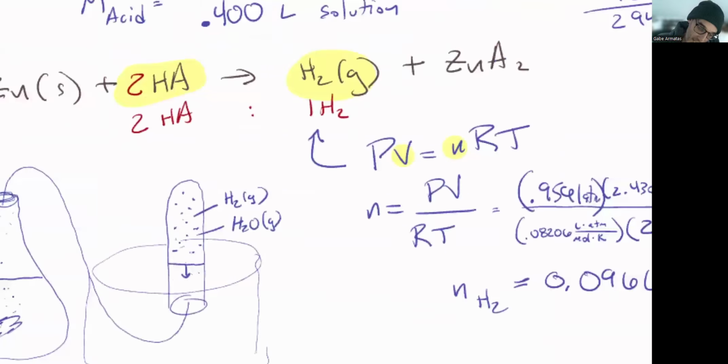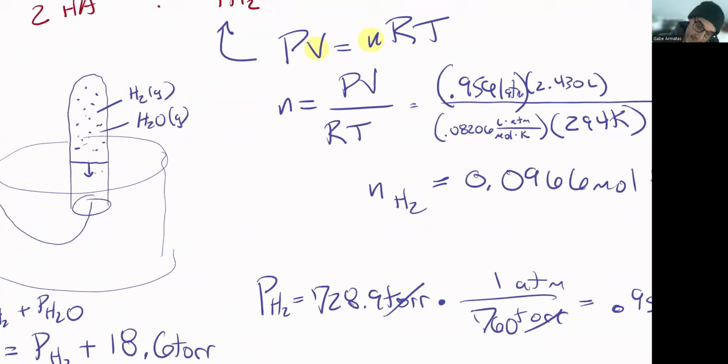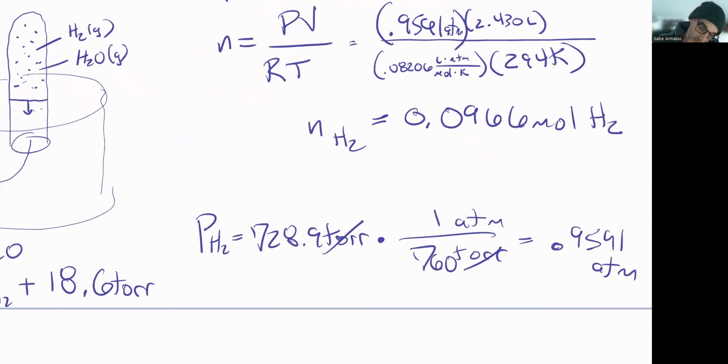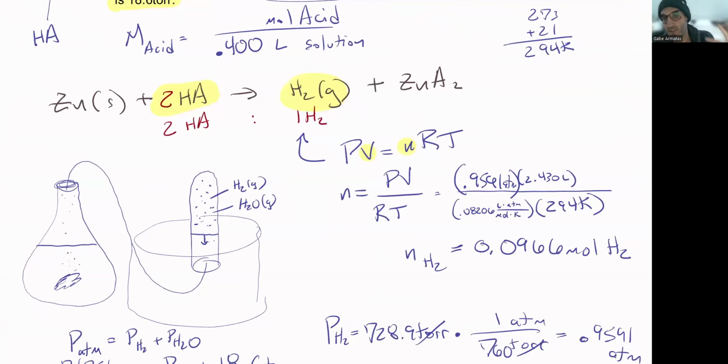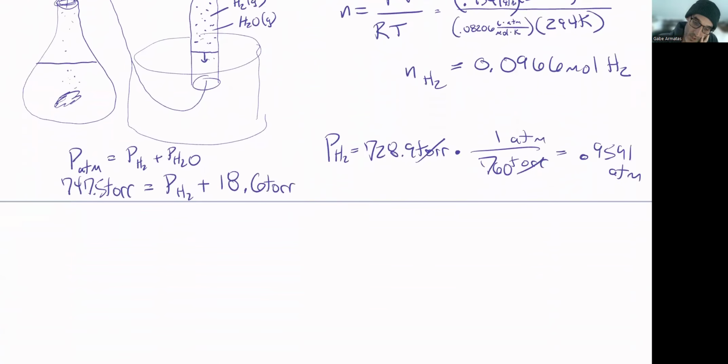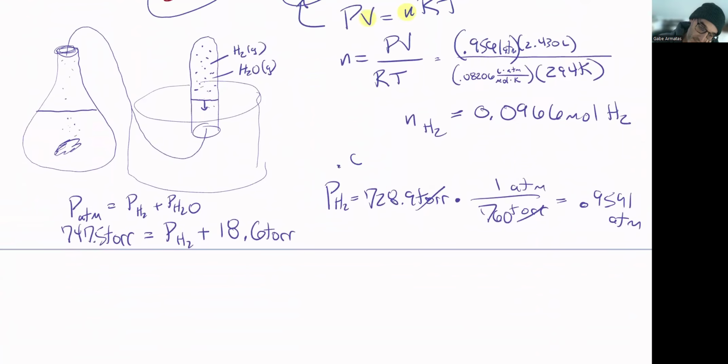So if I have 0.0966 moles of hydrogen, I have to think about stoichiometry. I'm going to have twice as much acid as I do hydrogen. So 0.0966 moles of H2 times a fraction. Using the molar ratio, I want moles of hydrogen to go away. I want moles of my acid to remain.